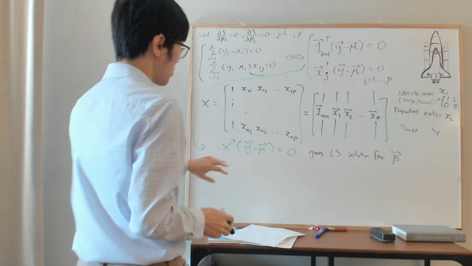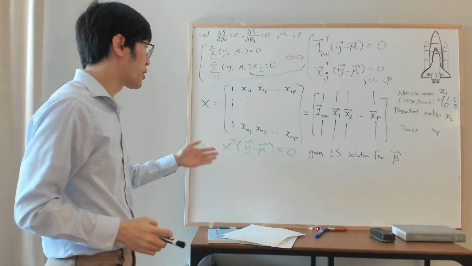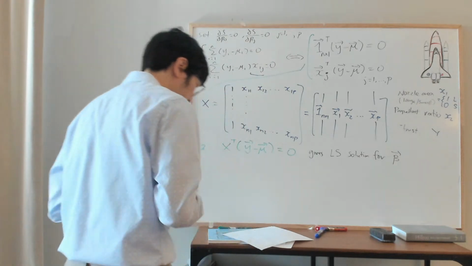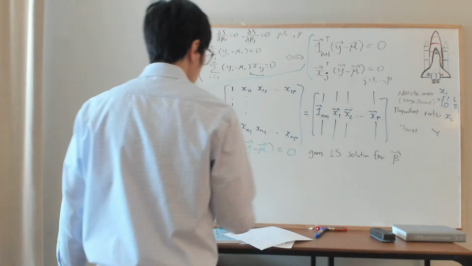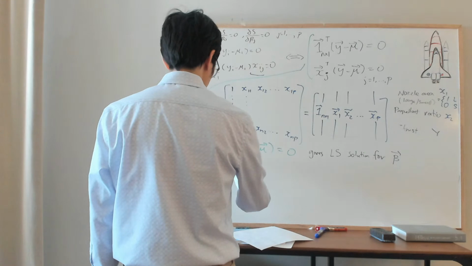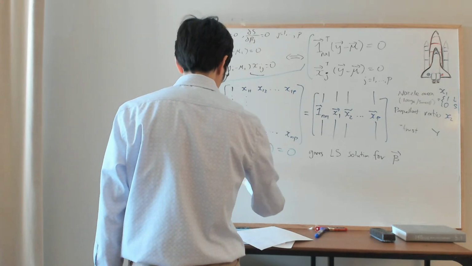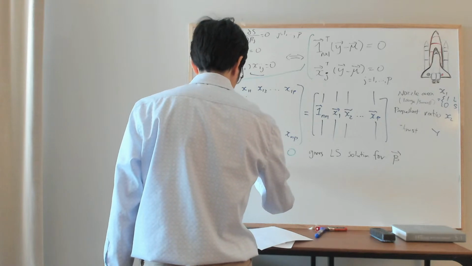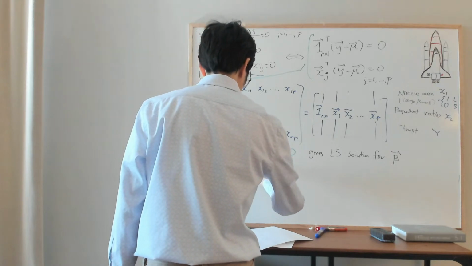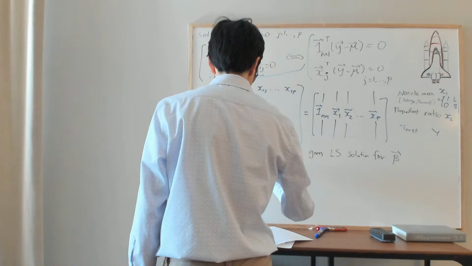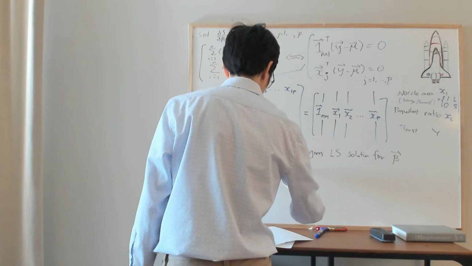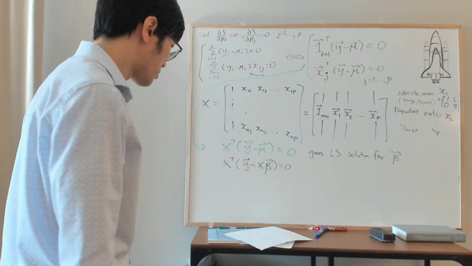Okay, so let's solve this, and then we will have our beta hats, just like in simple linear regression. Let's first make a substitution. Remember, let's put back what mu is. So X transpose times y minus mu, and recall mu is X beta, equals 0.